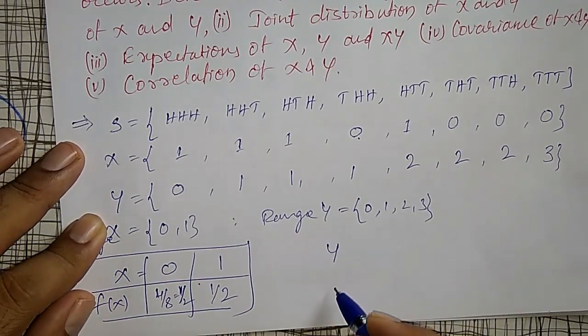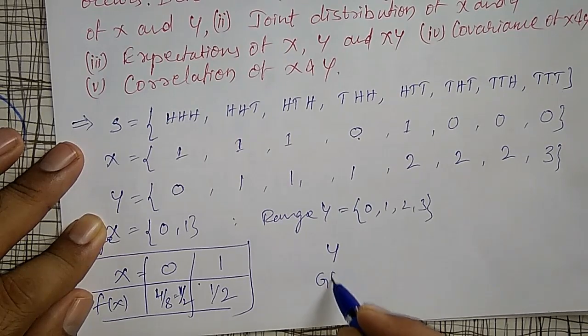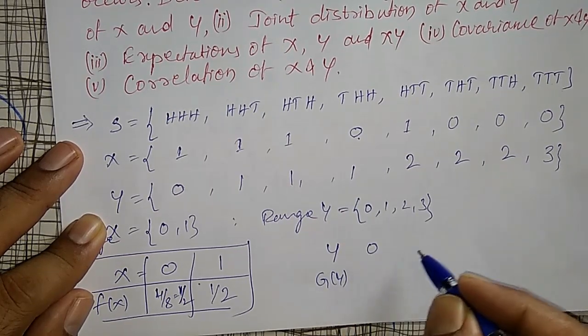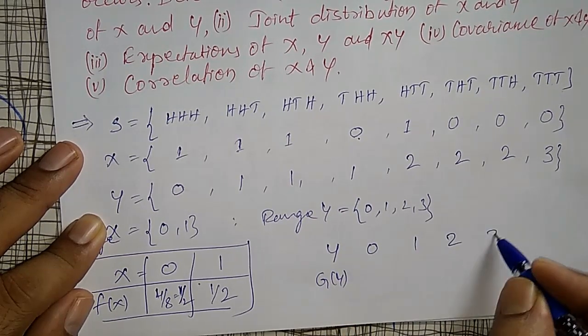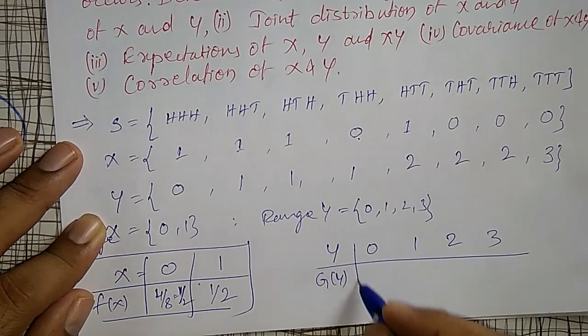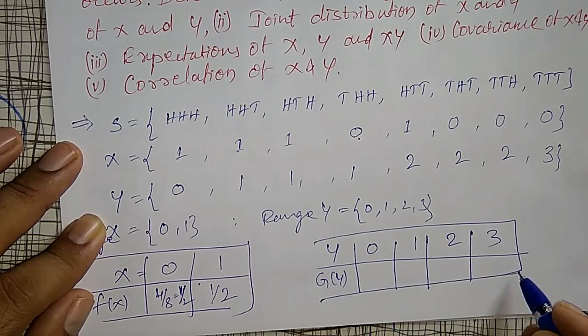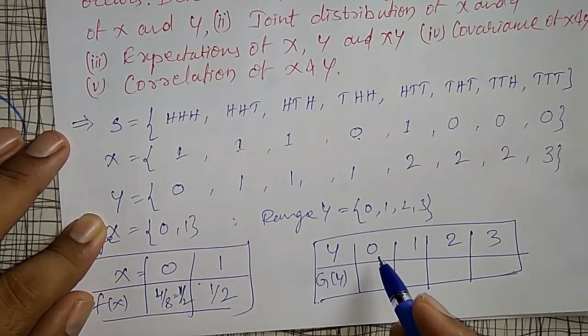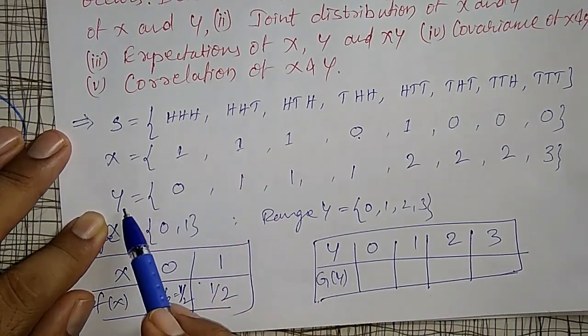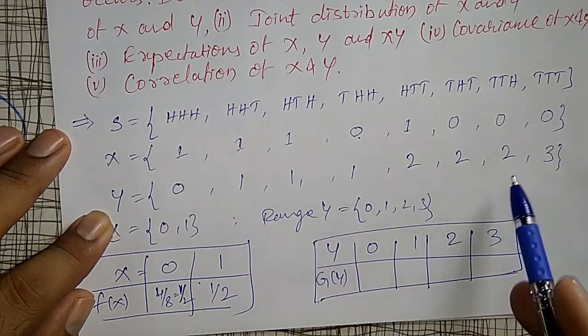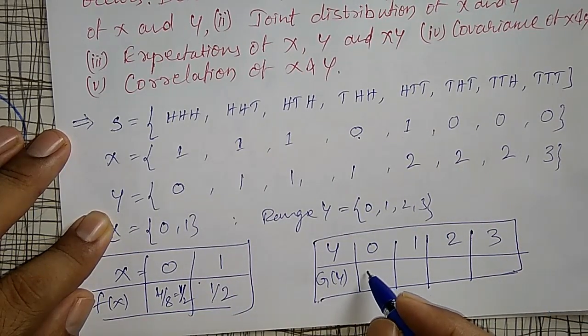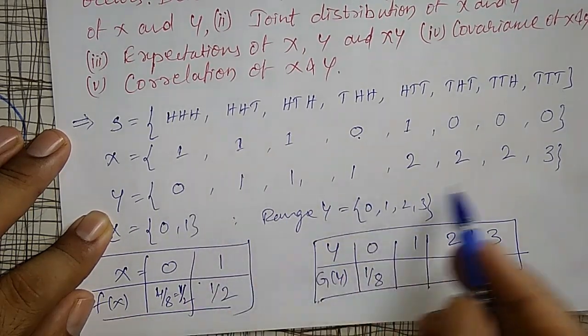Therefore, for y, I define g of y. It is taking 0, 1, 2, 3. Then what are their corresponding probabilities? I have to define them one by one. For 0, it is repeated only once, therefore its probability is 1 by 8. Total 8 outcomes are there.